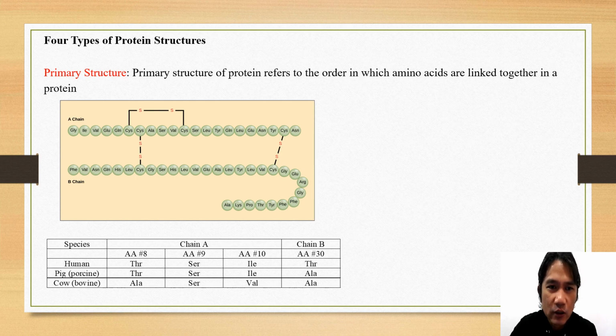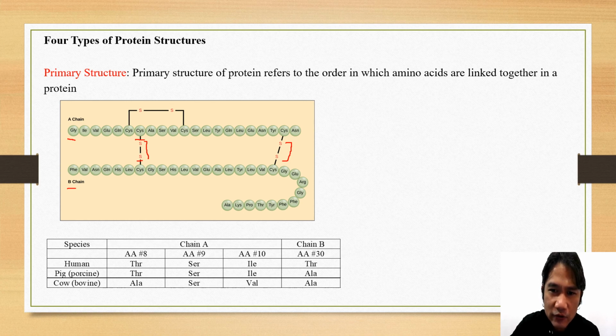So there are 2 polypeptides here, polypeptide A and polypeptide B. The 2 polypeptides are linked together by what we call a disulfide bridge or disulfide linkage between the cysteine in chain A and cysteine in chain B. And there's also another disulfide bond on this region. So this is the primary structure of insulin.